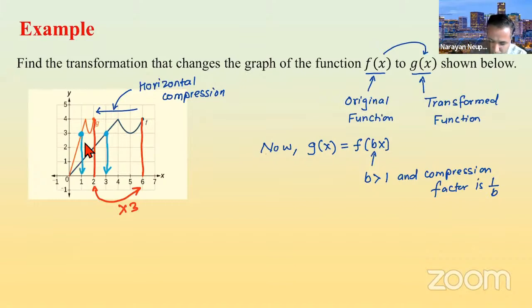When you go from 1 to 3, it is also 3 times. So the graph is compressed by a factor of 1/3. 6 divided by 3 is 2, and 3 divided by 3 is 1. So b must be greater than 1, and b is equal to 3.